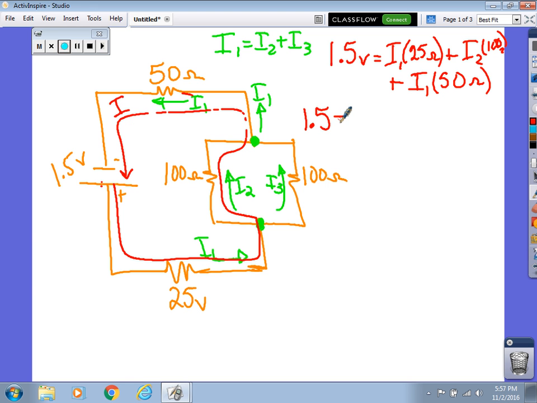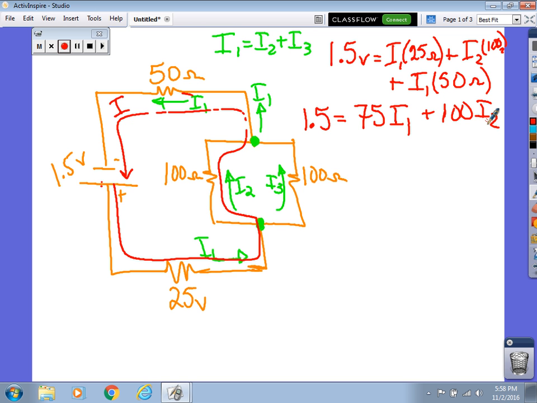So I've got 1.5 on this side, and I've got 25 I1 plus 50 I1, so that's 75 I1, and then I've got plus 100 I2. All right, so I've got my variables I1 and I2 out of that loop equation.